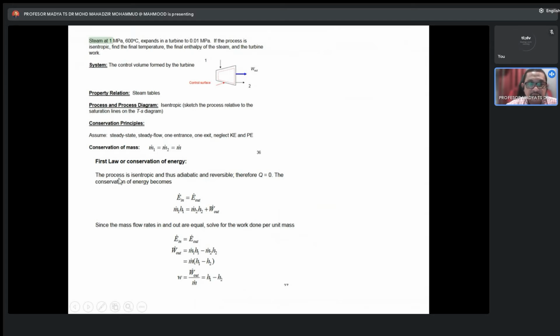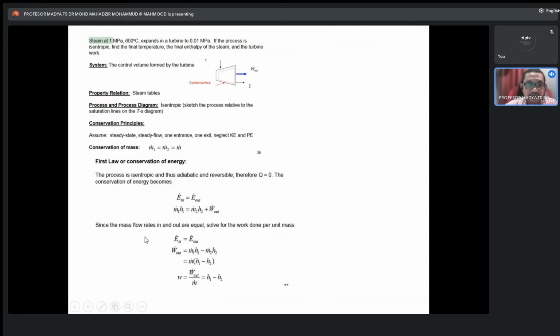Using the first law, conservation of energy, you know that this is an isentropic process, so it is adiabatic and reversible. Therefore Q is 0. Then the conservation of energy becomes energy in equals energy out. So m dot h1 is equal to m dot 2 h2 plus work out.